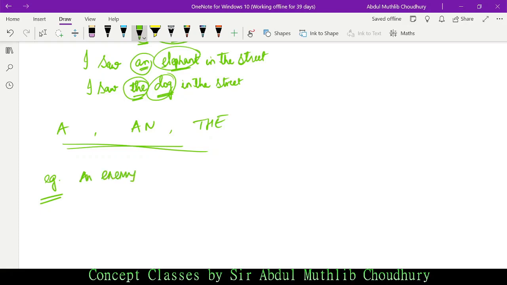An enemy. Is enemy a singular noun? Yes. So we can use an. Enemy, when I pronounce this, there's a vowel sound, so I'm using an. Again, an ink pot. Ink, i is what? Vowel sound. So there we are using an. All right. An orange.